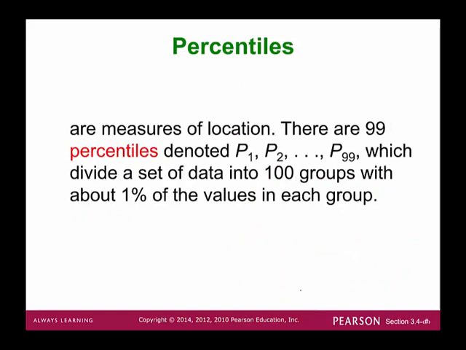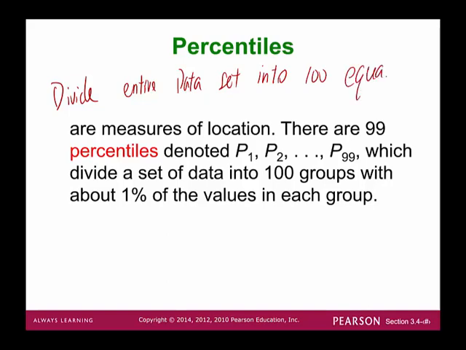Now let's move on to percentile. The percentile concept is basically dividing the entire data set into 100 equal groups. Each group occupies 1%.